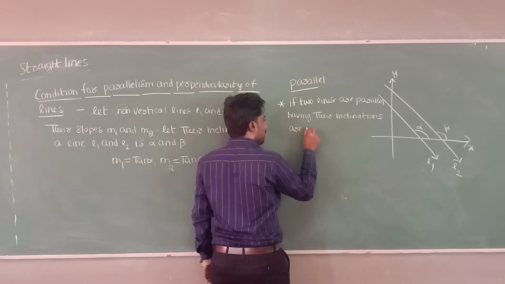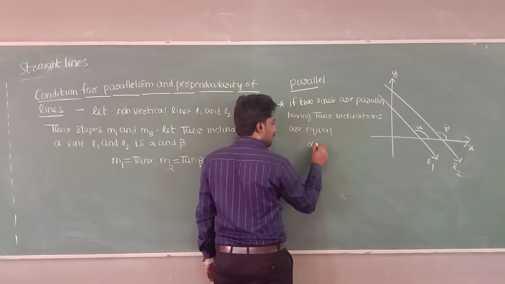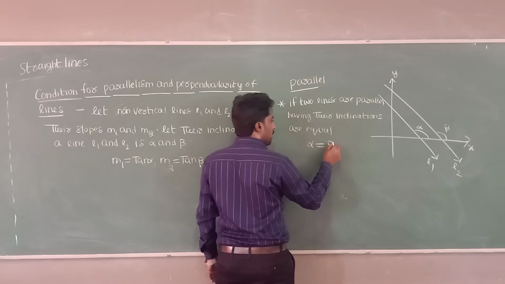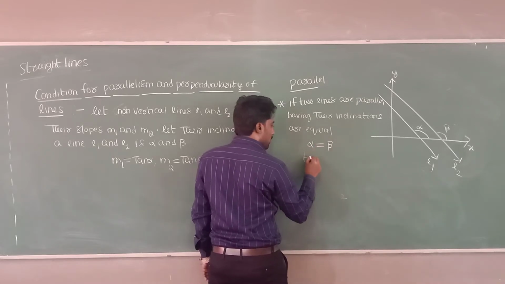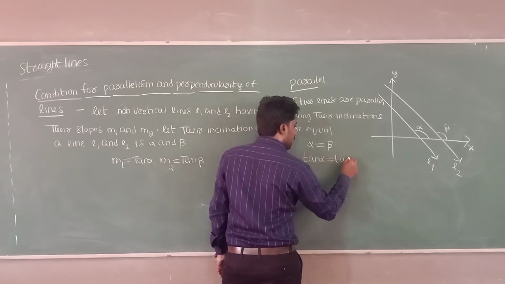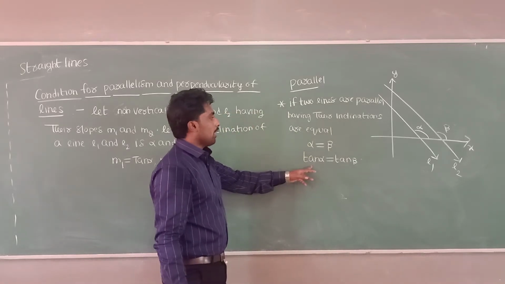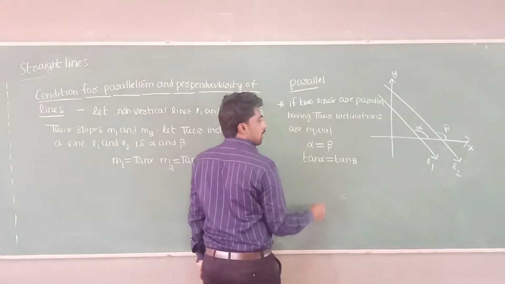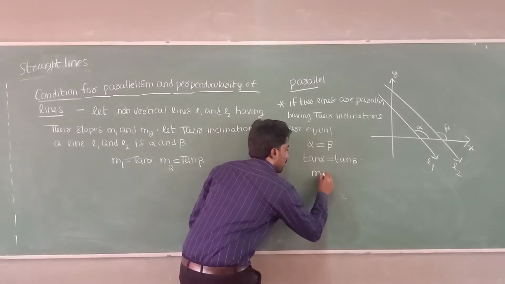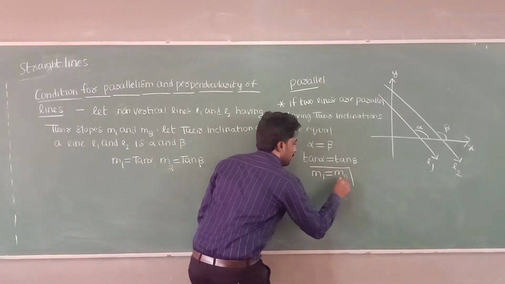Is it clear, everyone? Now, if inclinations are equal, what I will get? Alpha equal to beta. If I apply tan on both sides, what I will get? Tan alpha equal to tan beta. Okay. Now, tan alpha value is what here? m1. Tan beta value is what? m2. So, m1 equal to m2. Now, you can mention the statement here.